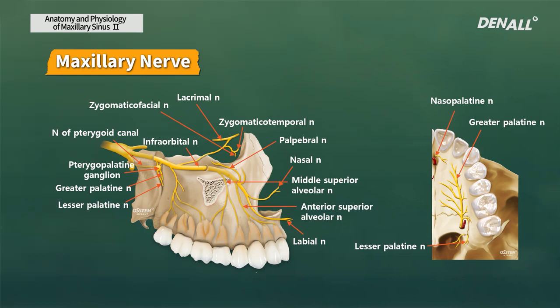When we do maxillary sinus surgery, we need to consider the posterior superior alveolar nerve, especially in the upper posterior region. And in the upper first molar, near the mesial root and the second premolar, there is the middle superior alveolar nerve and the anterior superior alveolar nerve in the front side.